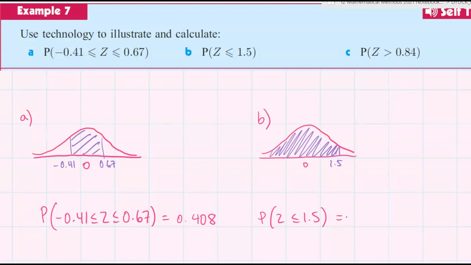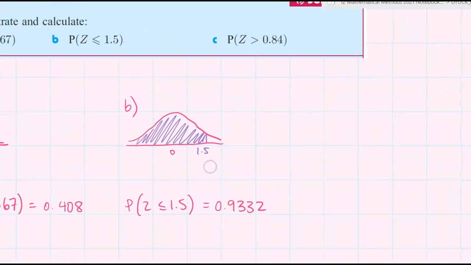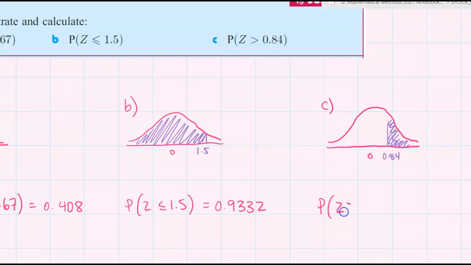This is perfect Friday period 7 maths. 4 decimal places for probability, please. All right, have a look at your neighbor's work. Make sure they've got some diagrams going on.